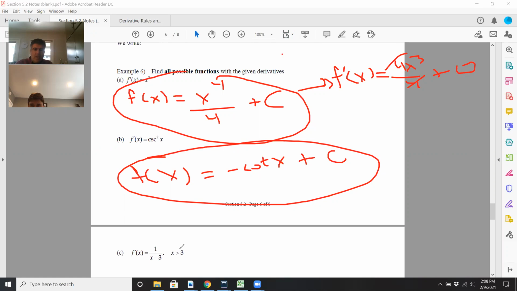Let's look at part c here. You'll see why we have it in just a second, but it's 1 over something. So f of x will equal the natural log of the absolute value of x minus 3 plus c.